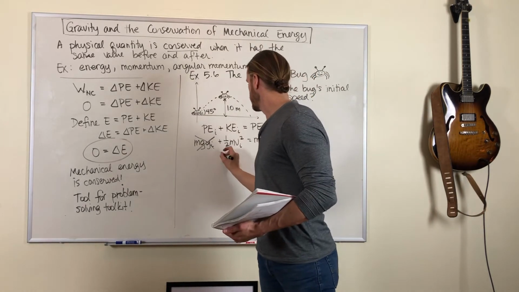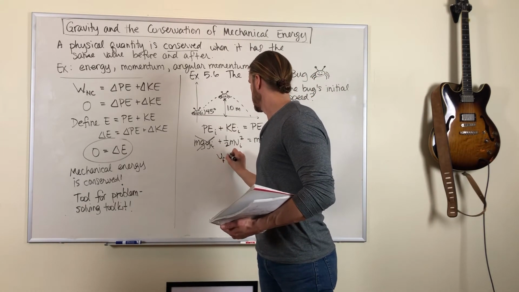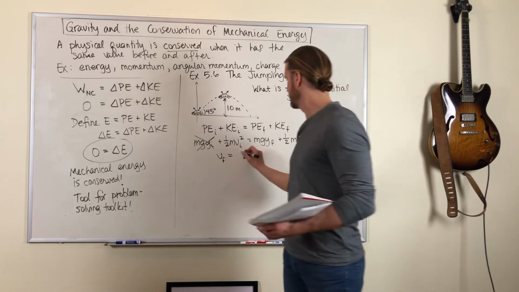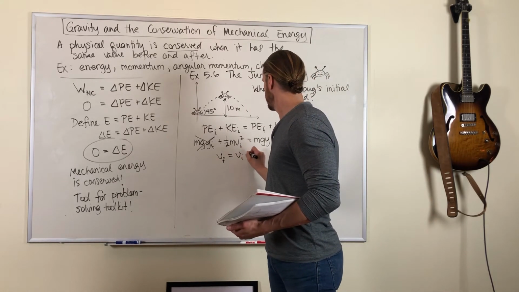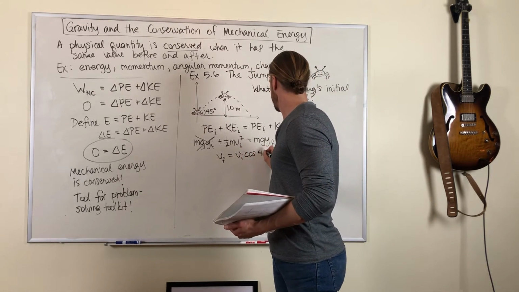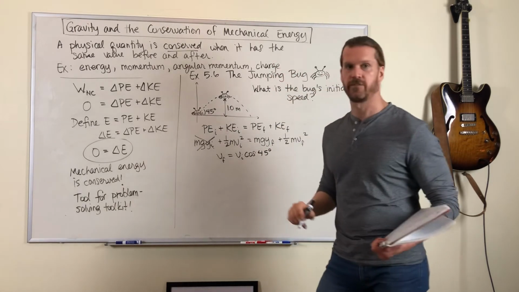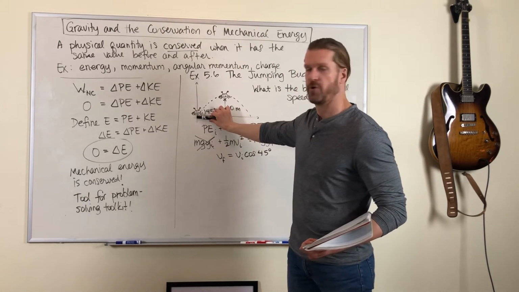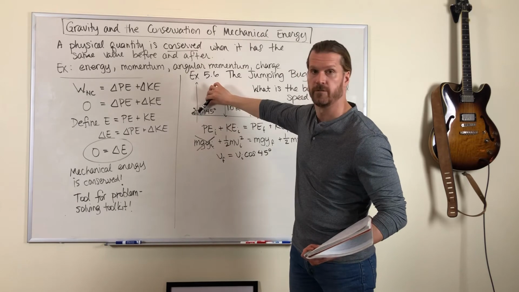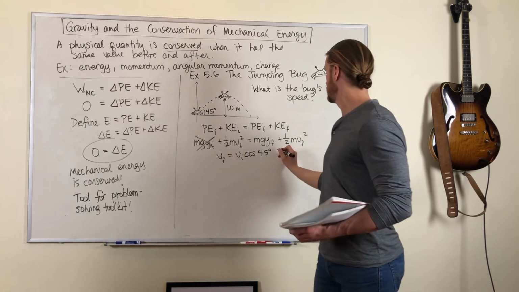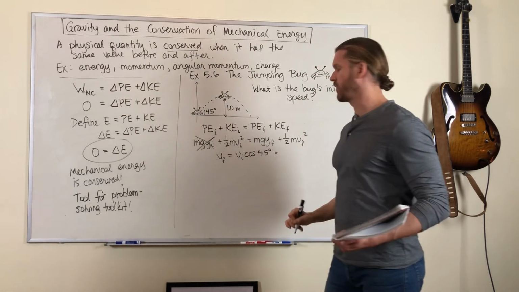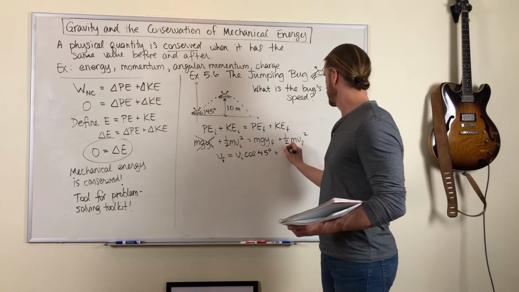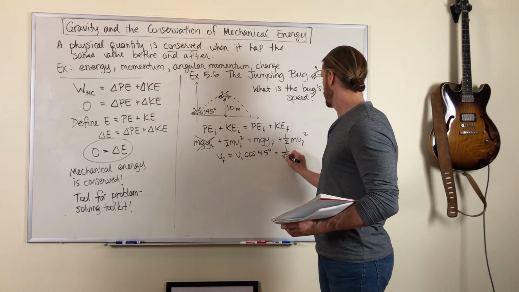So v final equals v initial cosine 45 degrees, the x component of that initial velocity vector. And cosine 45 is 1/√2.